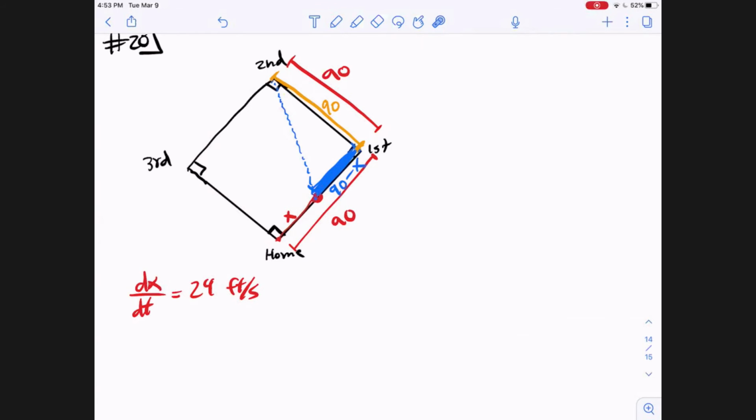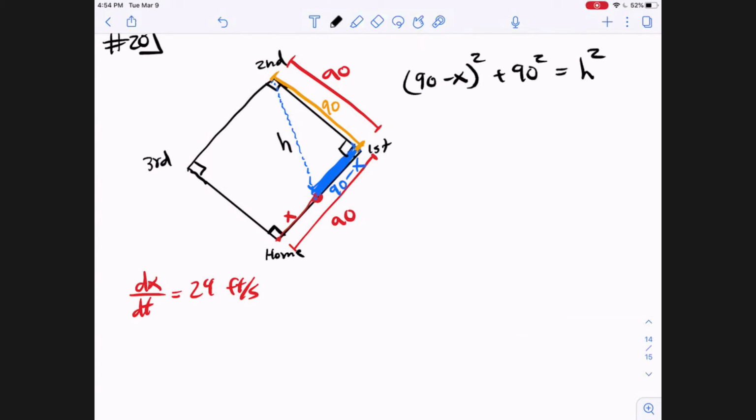That's his distance to second base, which we'll call S, or you can call it H for hypotenuse. It doesn't really matter what letter you assign. I'll call it H. This is a right angle, so we form a triangle. So I got 90 minus x squared plus 90 squared equals h squared.